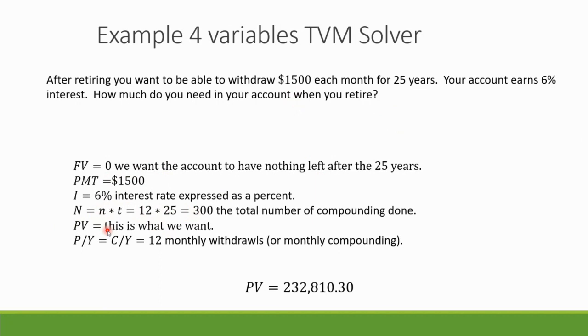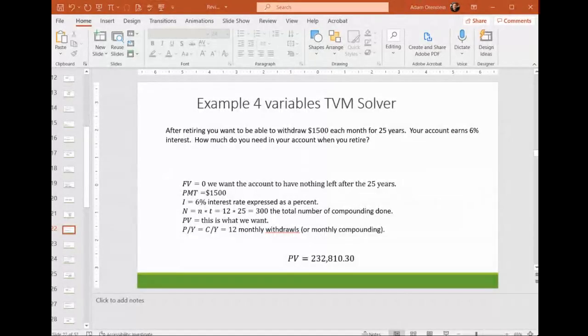PV is what we want, how much is in the account in the beginning. Remember, here we're making monthly withdrawals, so both of these are going to be 12. In other words, the account is also being compounded monthly. That's another reason why they're both equal to 12. So if you do that in the TVM Solver, let me show you.